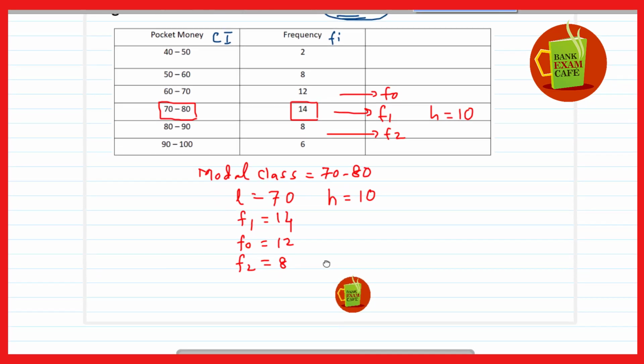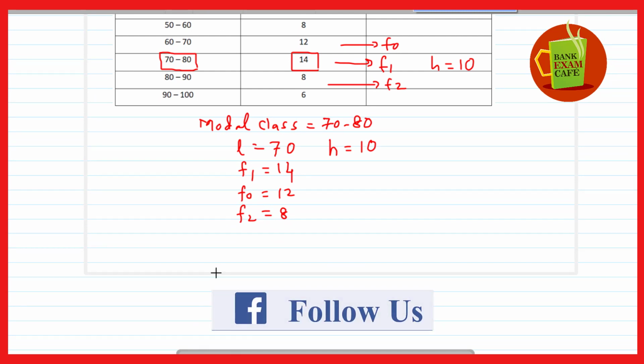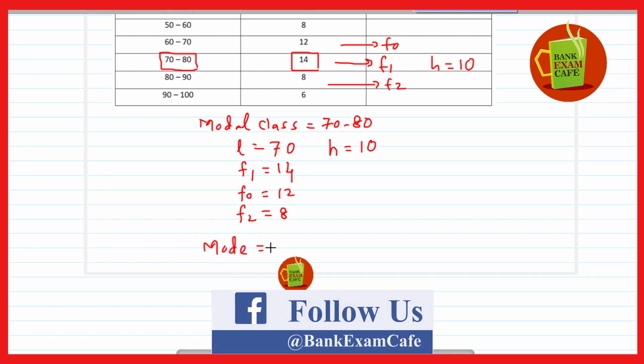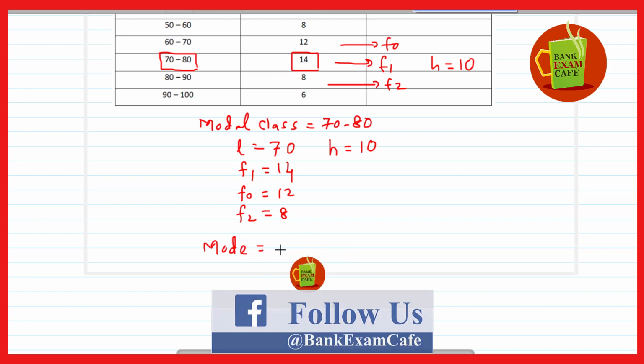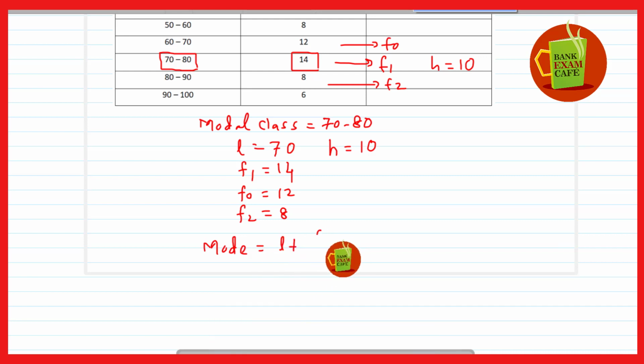With this information we can find the mode. Mode is equal to L plus (F1 minus F0) upon (twice of F1 minus F0 minus F2), multiplied by H. Now just put the values and solve.